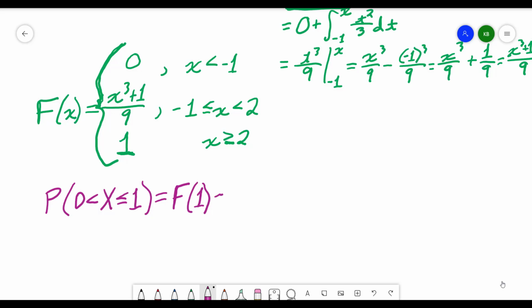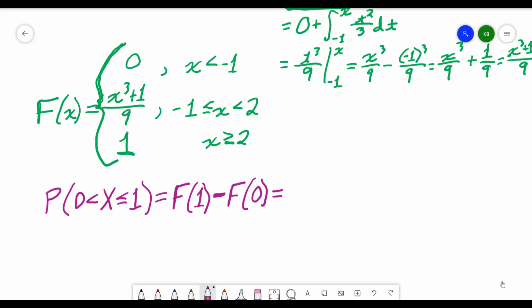So what I can do is subtract out my cumulative distribution up to 0. So what I've done here is I've taken the probability that the random variable is any value up to 1 minus the probability that the random variable is up to 0, leaving me only the probability that the random variable falls between 1 and 0.